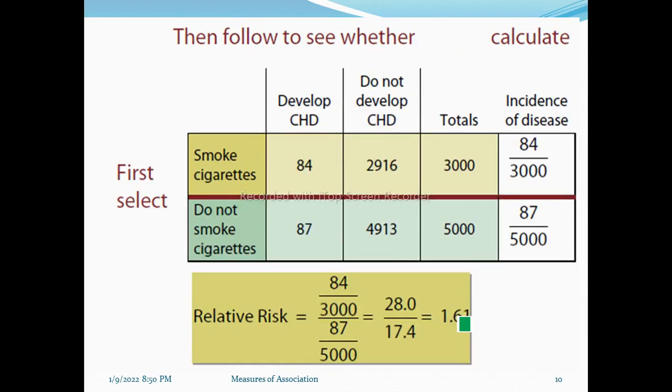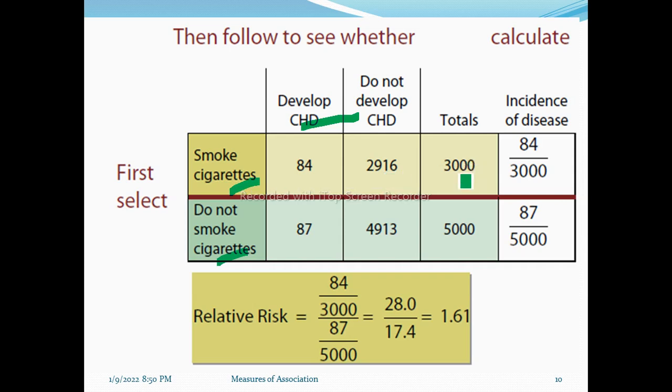In numbers, for instance, this column is individuals who develop coronary heart disease, and this is not develop coronary heart disease. This group is exposed to cigarettes, and this group is not exposed to cigarettes. Among exposed who develop the disease, 84; those who do not develop the disease, 2,916.